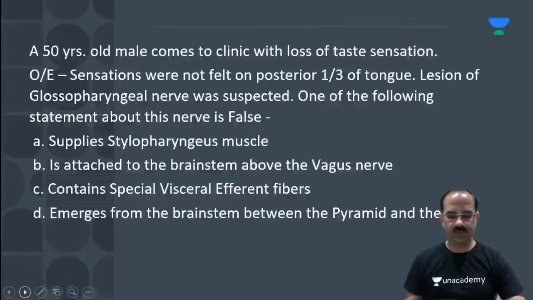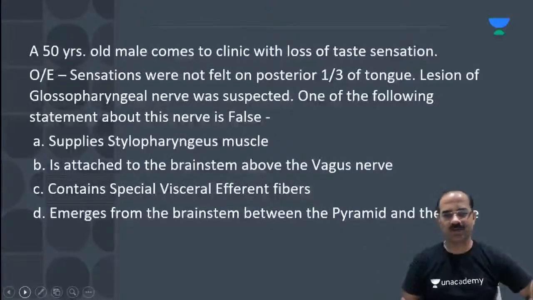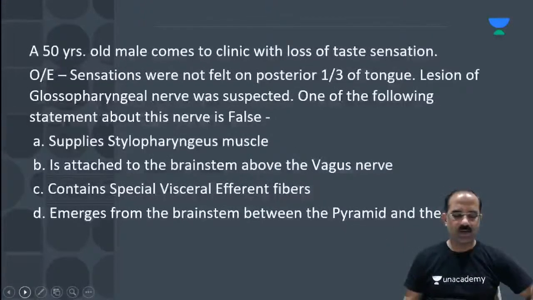Read the MCQ and answer it. Chalo, students, start. Just tell me the option. Whatever you feel you answer, that's okay. We will discuss this.